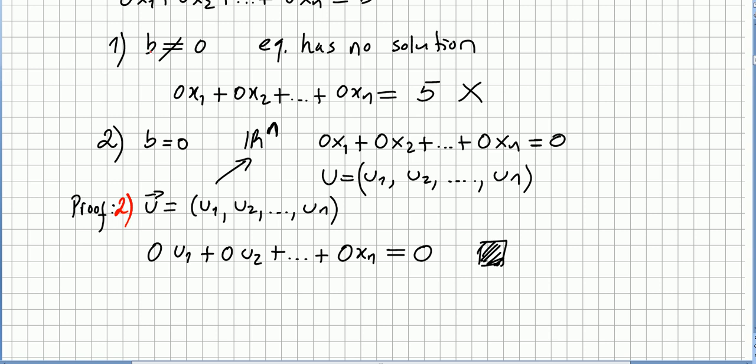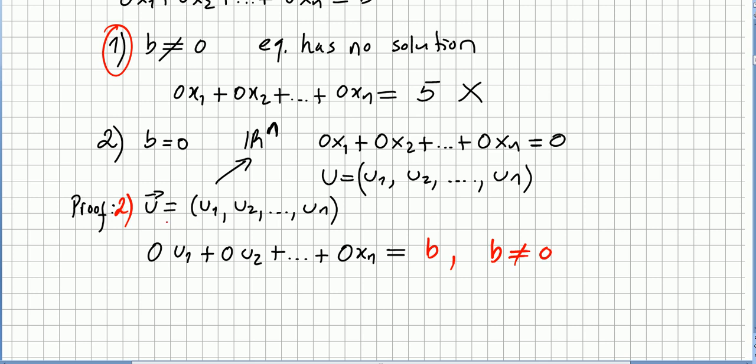The proof for 1 is the other way around. So to prove 1 now, where b is not 0, we don't have a 0 here. We have b, where b is not 0. So we pick any vector u, and we show that no vector can be a solution, because we take a vector that is supposed to be a solution.